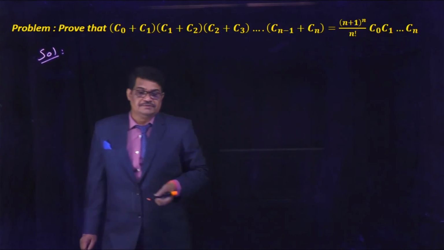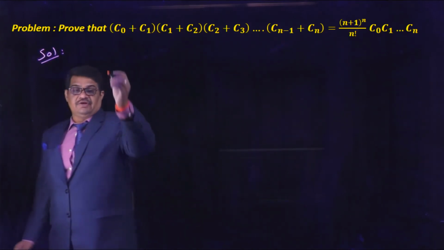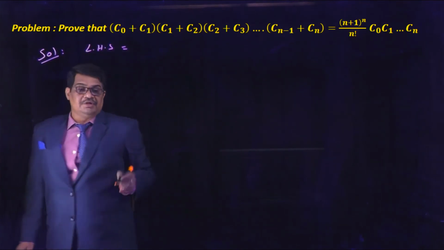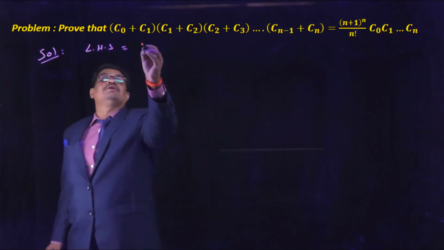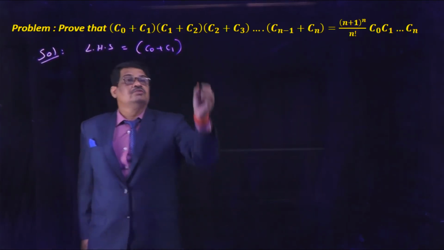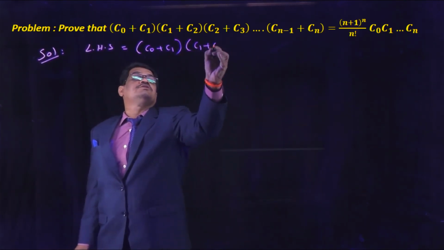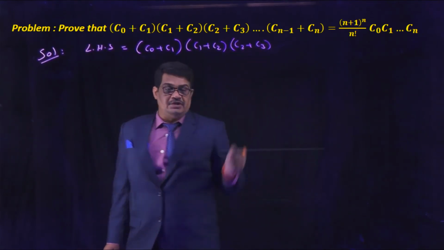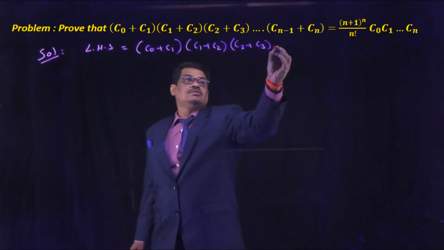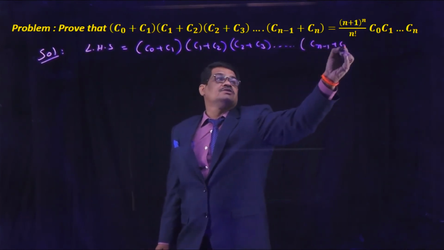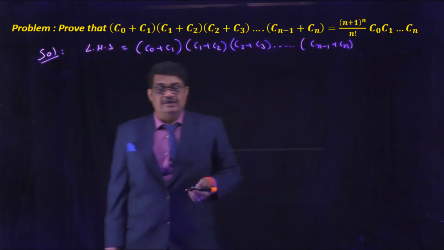So first we take the LHS of our proving result. That is LHS is (C0 + C1)(C1 + C2)(C2 + C3) and so on (Cn−1 + Cn).